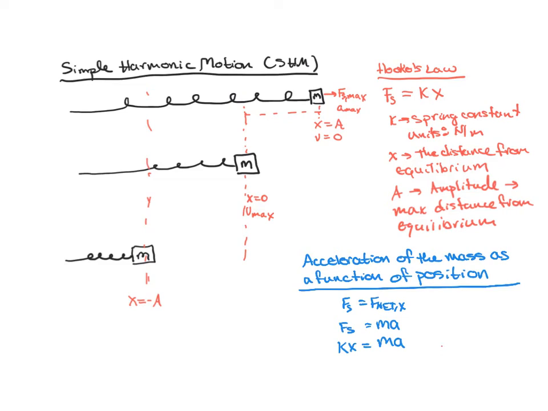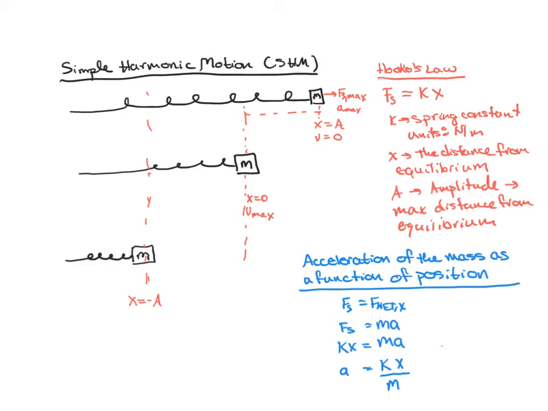So plugging in our equation for force, so force net equals mass times acceleration, and the spring force equals the spring constant times the distance from equilibrium, we can say that acceleration is equal to the spring constant times the distance from equilibrium divided by the mass. So that means if x is equal to A, that's the largest value you can get, and so your maximum acceleration occurs when x equals your amplitude.